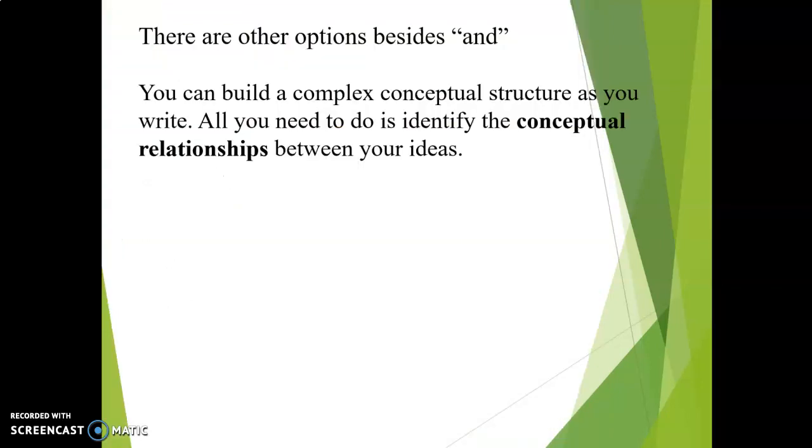So I'm going to give you some other ideas besides "and" to connect your paragraphs together. And the key here is to think about what the conceptual relationships are between your ideas. In other words, how do the ideas connect? How do the ideas relate between one paragraph and the next?